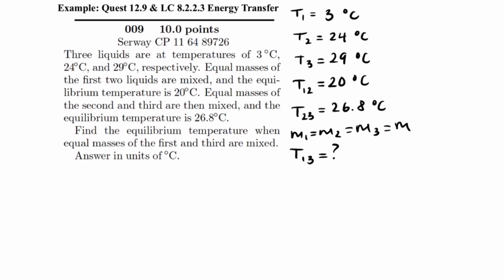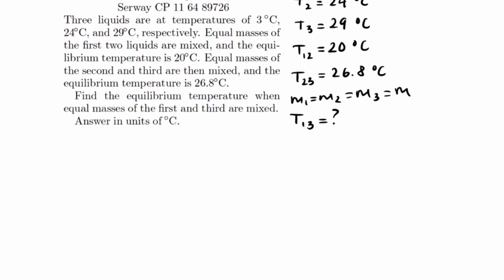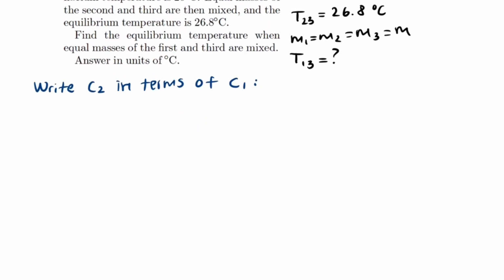So the first thing we have to do, and this is the way in which you should answer your learning catalytics question, is express C2 in terms of C1. We're having an exchange of energy, so we know that Q1 is equal to Q2.